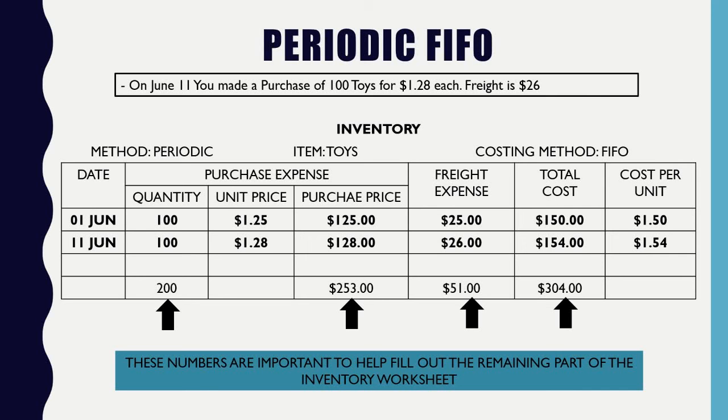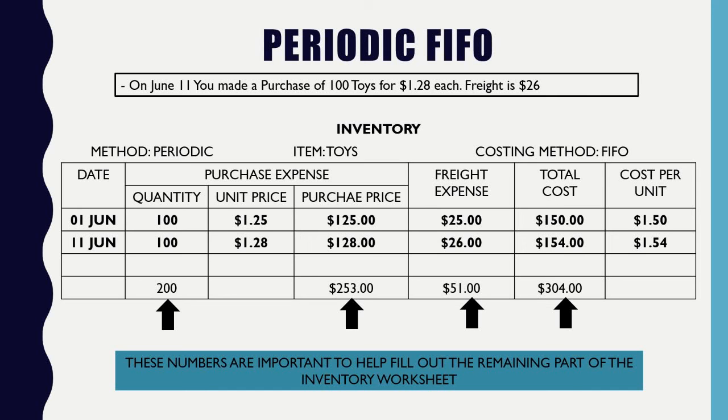How much did those 200 items cost me in total? $253. How much was the total freight? It was $51. So for the total of having the 200 items, I'm at $304. Now these numbers are going to be very pertinent to the next section.